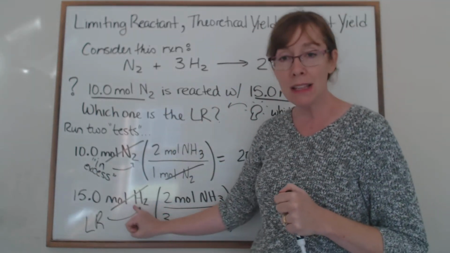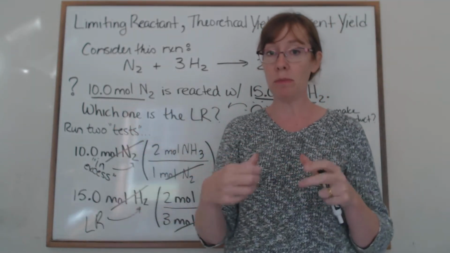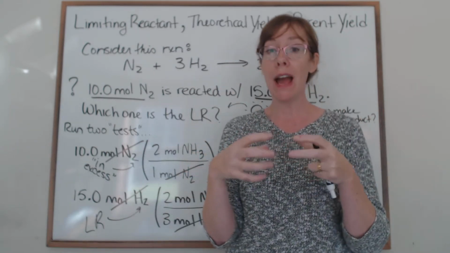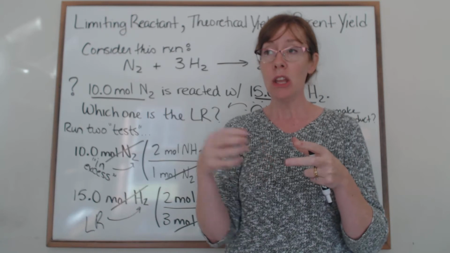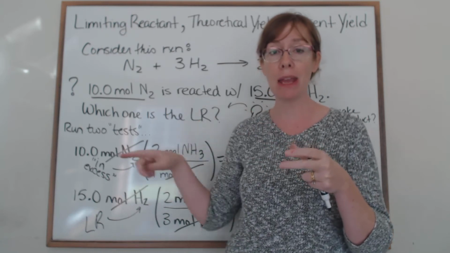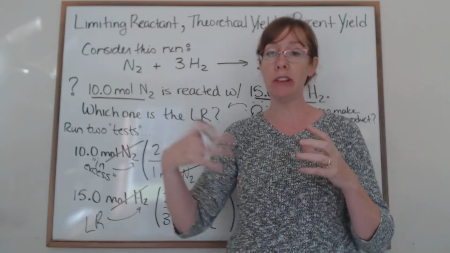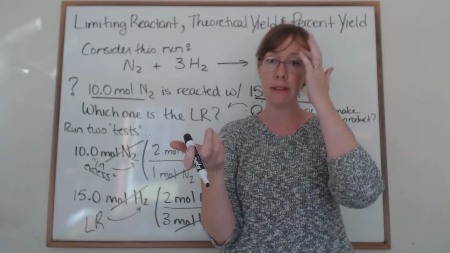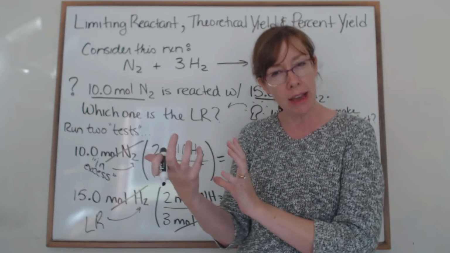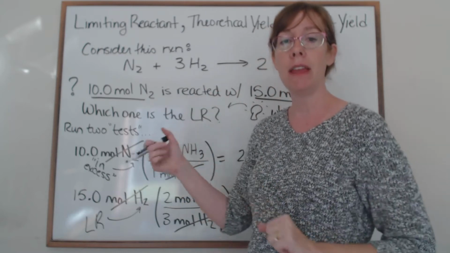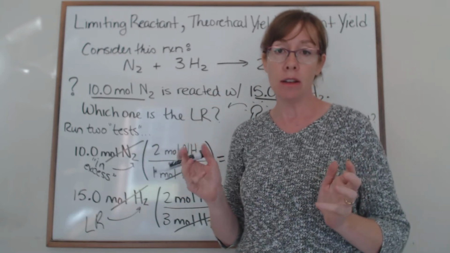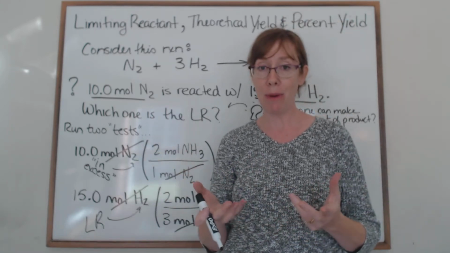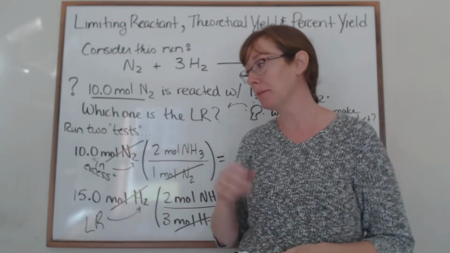Once the limiting reactant gets consumed, and remember our definitions, once he gets consumed, your reaction stops. You don't have any more reaction happening, which means you will have leftover nitrogen in that container, whatever the reaction vessel is. So you have leftover of the excess reactant, and that's fine. No one really cares. A lot of experiments are set up that way to have excess reactant at the end.